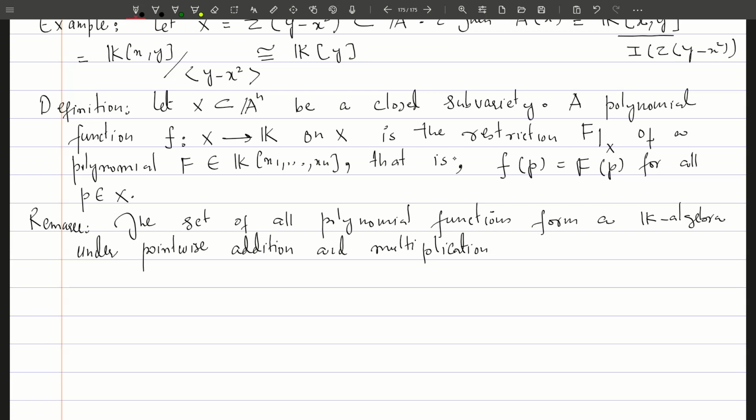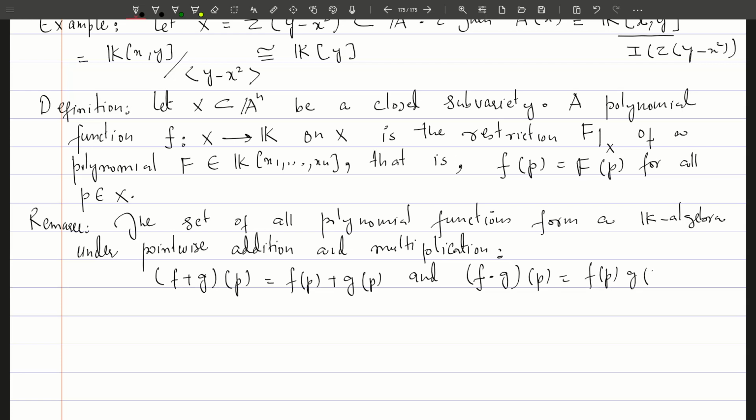That is, if we take two functions f and g, then (f plus g) of p is the same as f of p plus g of p, and (f times g) of p is the same as f of p times g of p. So under these operations, this is a K-algebra.